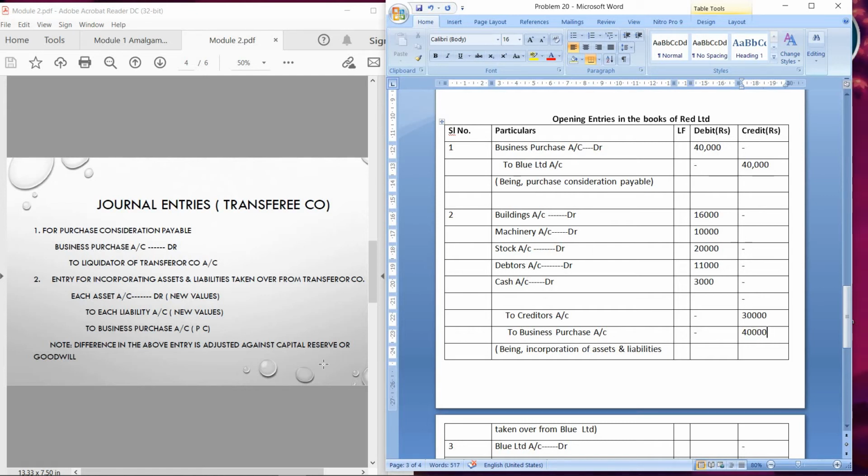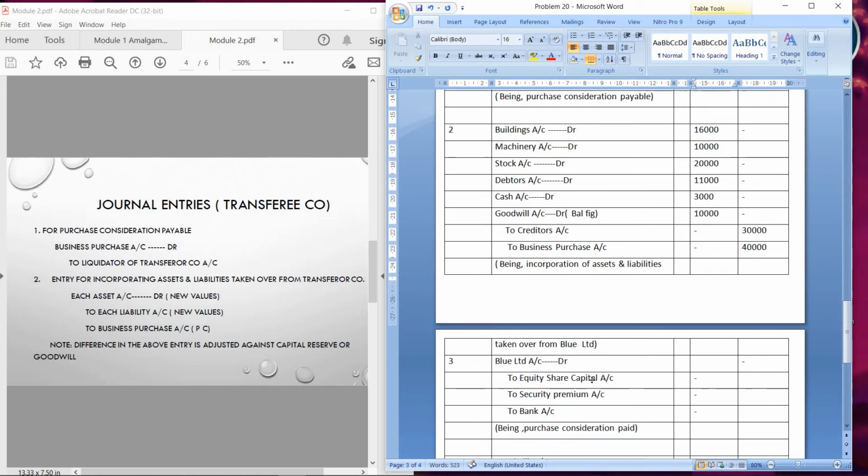So that difference, if it is on debit side, then we have to consider it as goodwill. So goodwill account debit. Okay, in the bracket you can just write balancing figure. The amount is 10,000. Okay, so we are done with the second entry as well. Narration being incorporation of assets and liabilities taken over from Blue Limited.